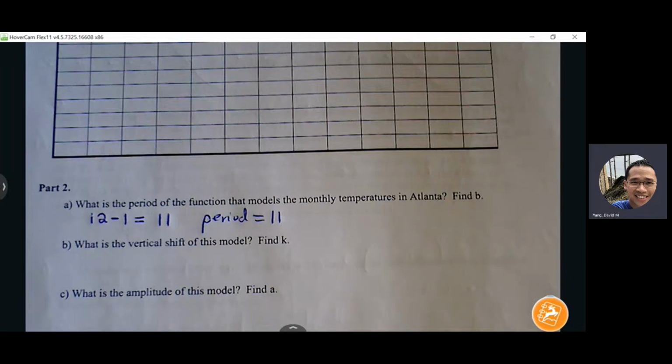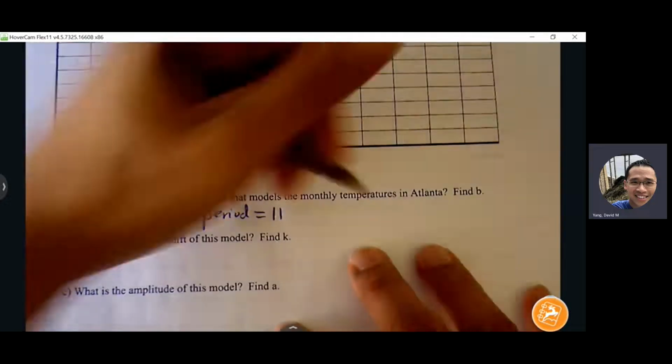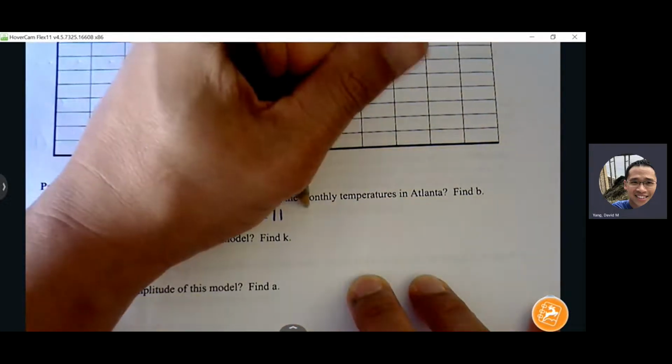Is it going to be 61 or 62? Is it 53? The midline is 60, because it's halfway between the lowest and highest. So the period is 11, which means we can go and find our B value.